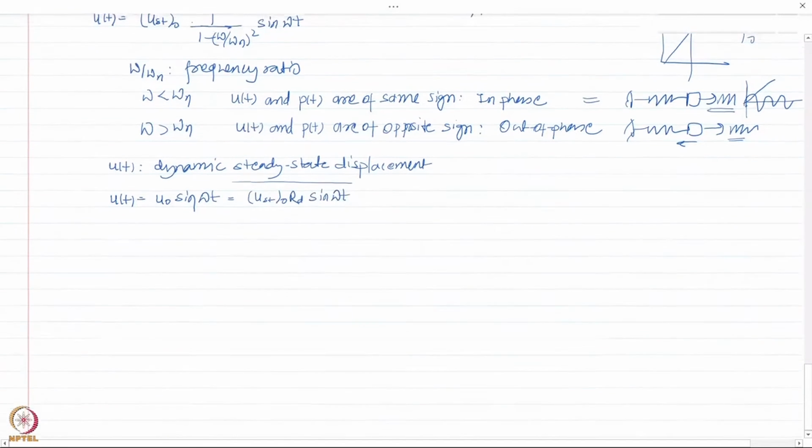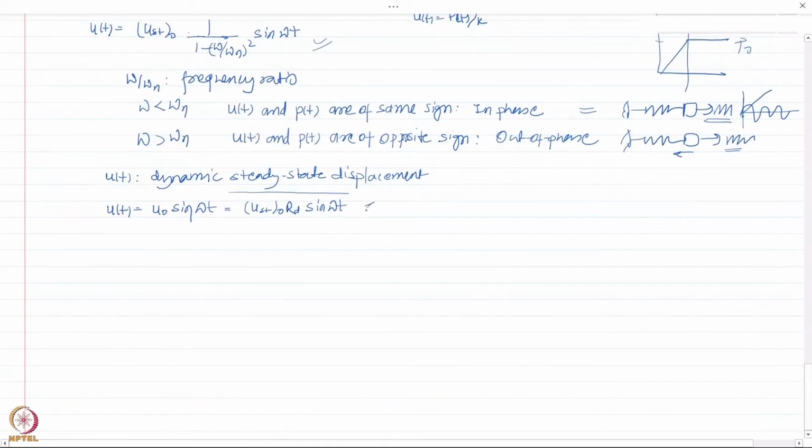Now what is the R_d here? If you compare this equation here and this equation here, basically R_d is this expression, 1 over 1 minus omega by omega n squared.